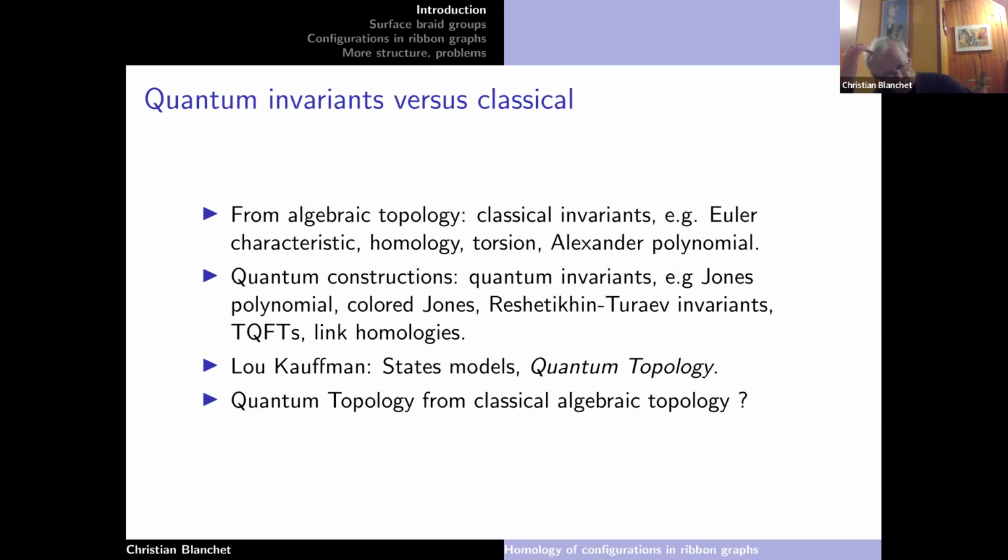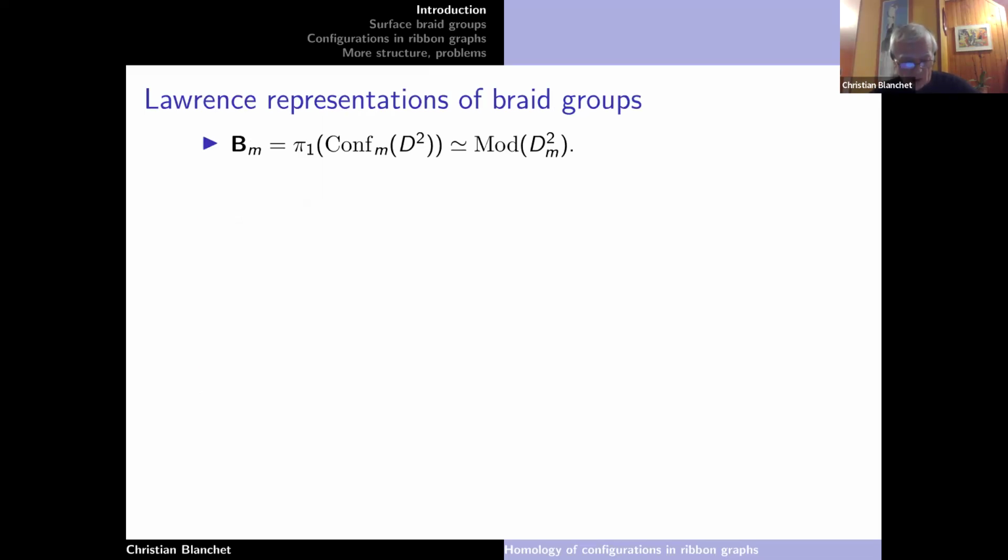So my program, my question motivating the work here: can we get quantum topology inside classical algebraic topology? In the introduction, we know from the beginning that part of the story is connected with algebraic topology.